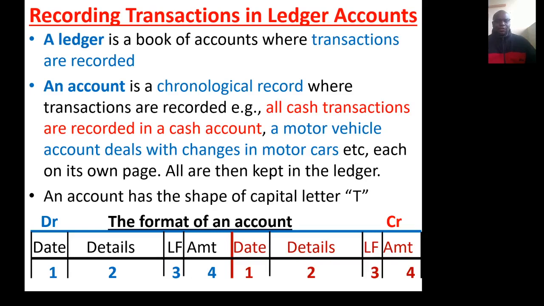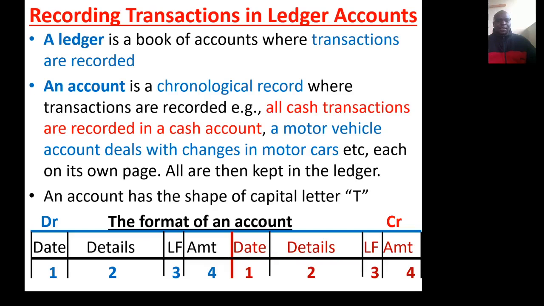That is, if you buy new vehicles, the motor vehicle account increases in the value of motor vehicles, and when you sell motor vehicles, probably they are not in use, they are obsolete, they are not serving their purpose, you reduce the value of motor vehicles in a business.